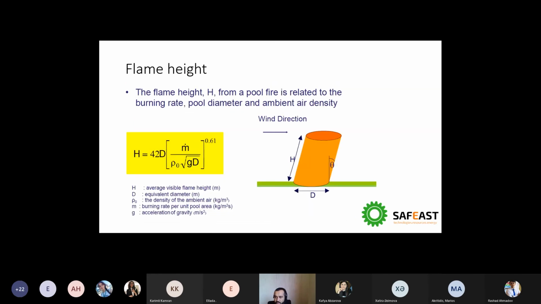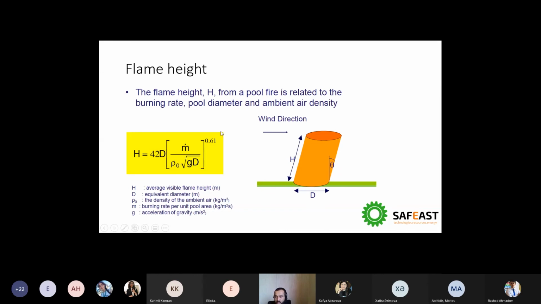So flame height is another property you need to calculate. You need to calculate diameter, and you need to calculate height. Once you have calculated the diameter, based on the diameter and the burning rate, which is the characteristic of the material, you can estimate the height of the pool fire.